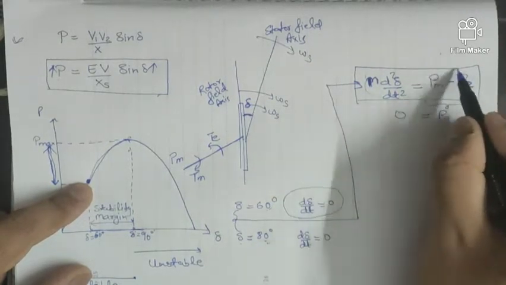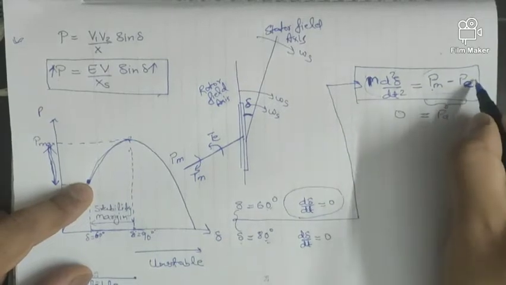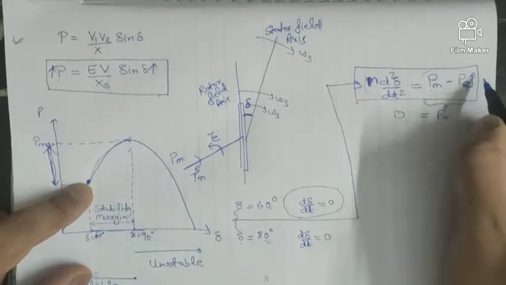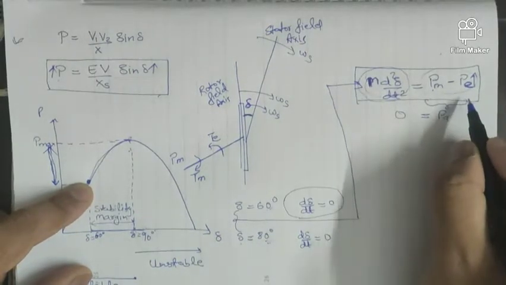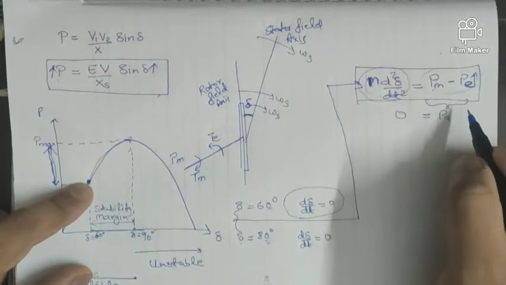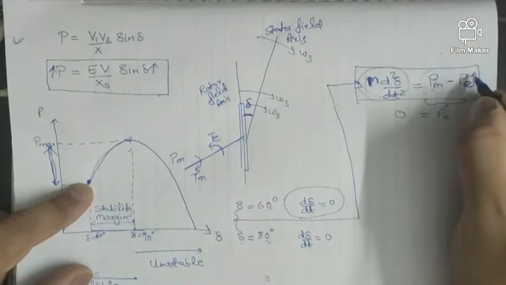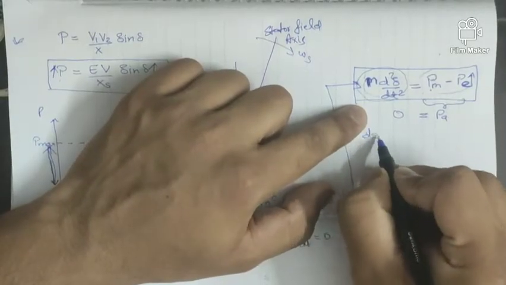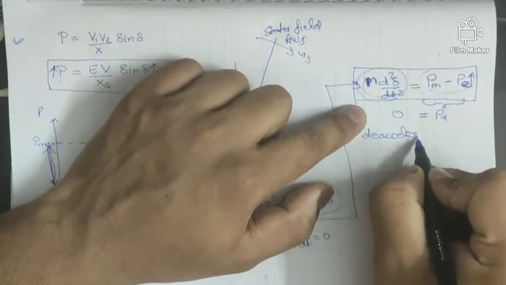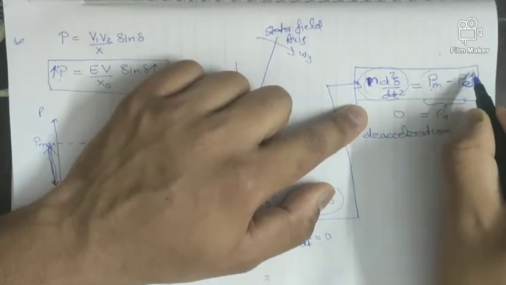When some disturbance occurs in the form of a sudden change in electrical load, there is going to be some change in this accelerating power. If the electrical load increases, this accelerating power will become negative, and at that time deceleration will be going on. Deceleration of the rotor takes place when the electrical power output increases.